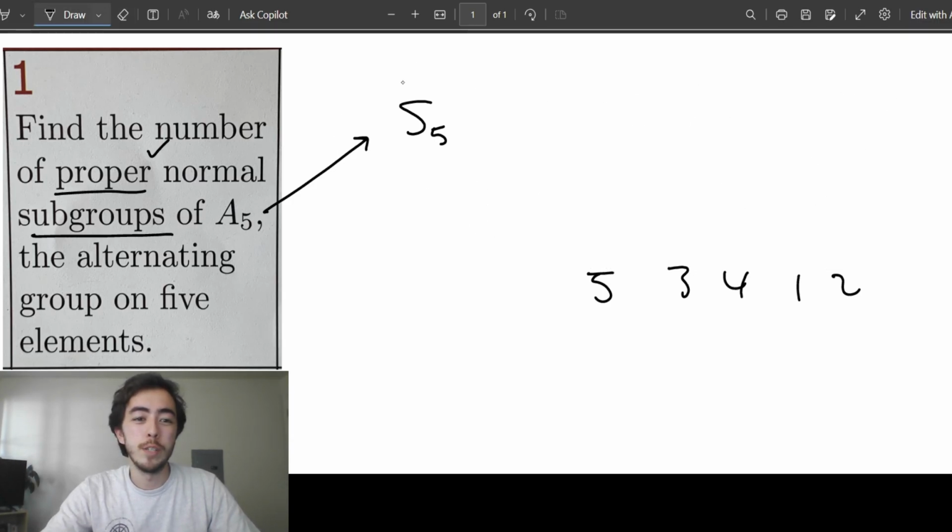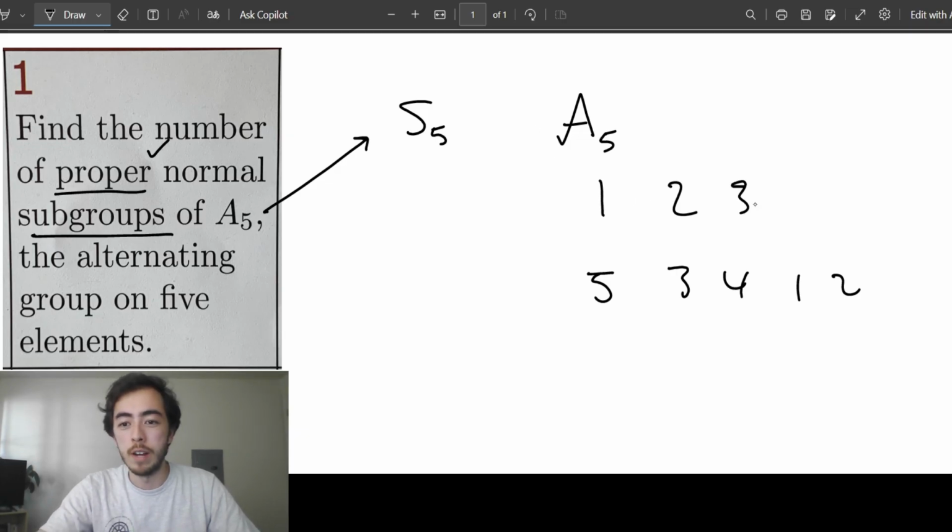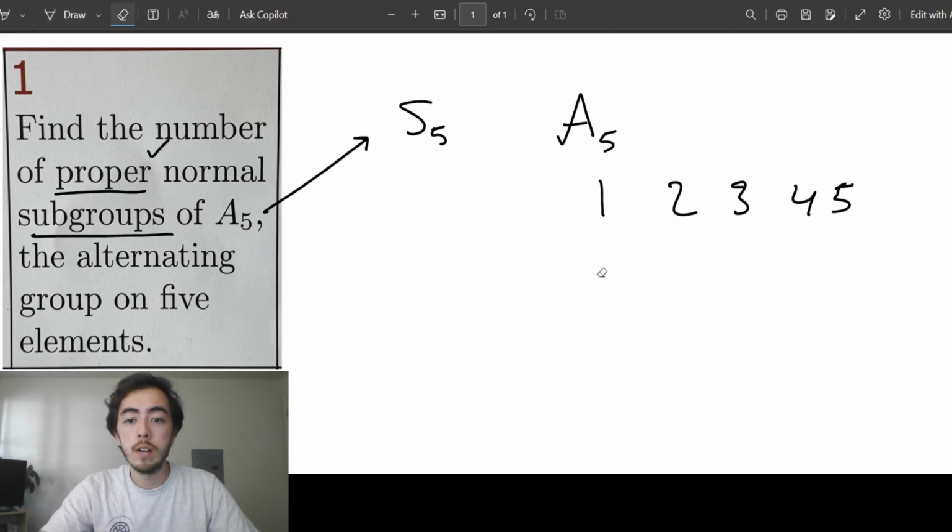And so the only difference between the symmetric group and the alternating group is that the alternating group has one more additional rule. And I'll just write out another example to express what that rule is. In our symmetric group, we are totally allowed to just swap 2 elements like this.